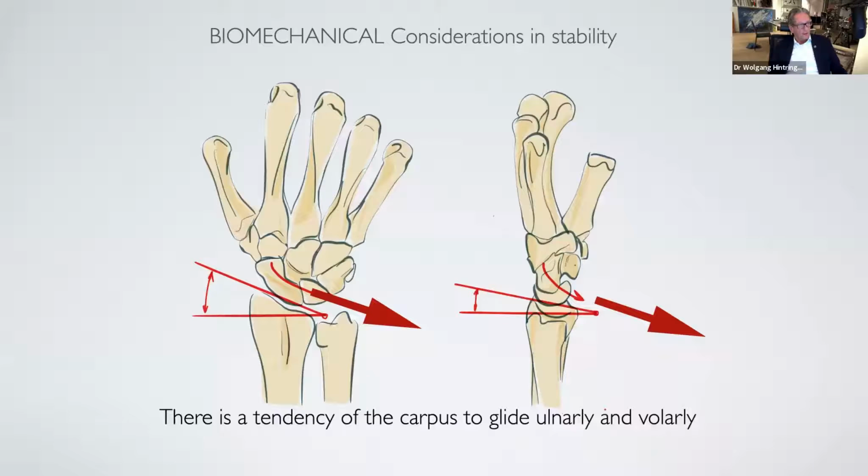Now, some biomechanical considerations in stability. There is a tendency, as you know, of the carpus to glide ulnarly and volarly along the ulnar and volar inclination of the radius.